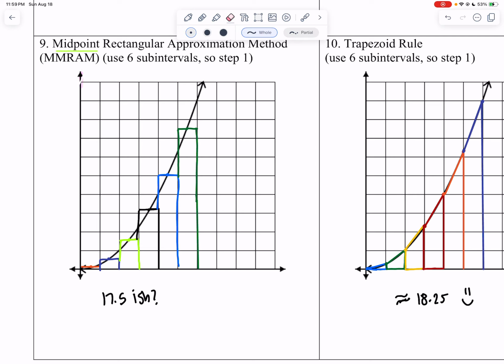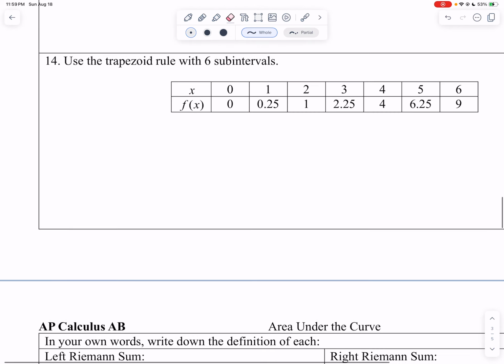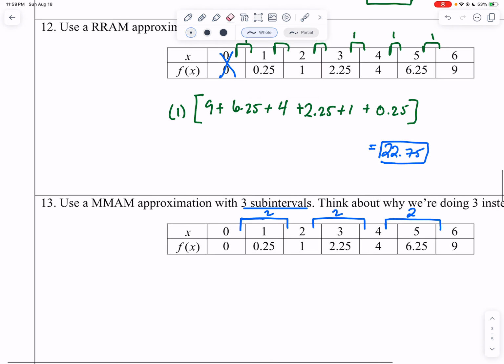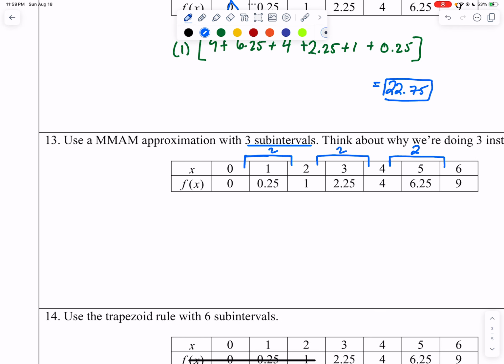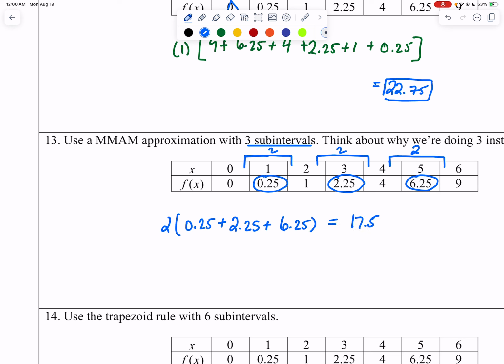Since I have 1 as my midpoint, I'm going to choose 0.25, 2.25, and 6.25 as my heights. So then I have 2 times 0.25, 2.25, 6.25, and if I were to simplify that, I'm going to get 17.5.